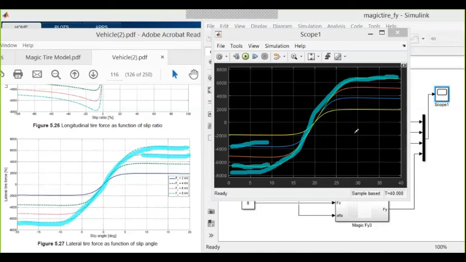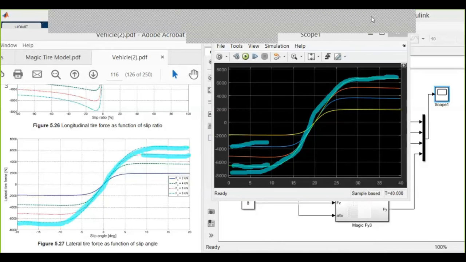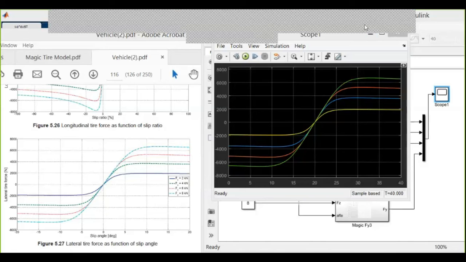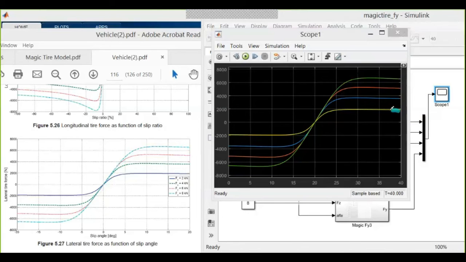Is it? Confused. Wait. So this yellow line, the first yellow line, is the load 2 kilonewton Fz.